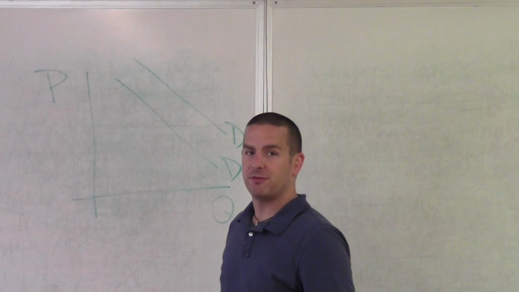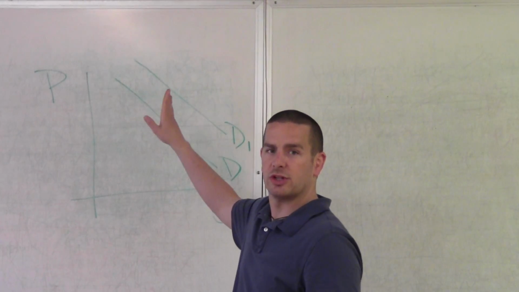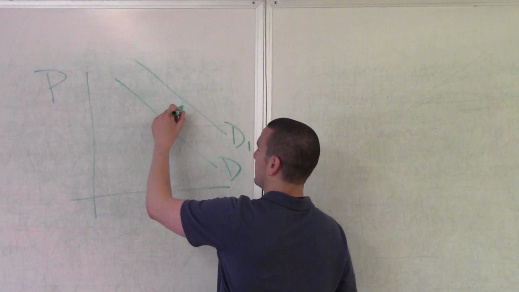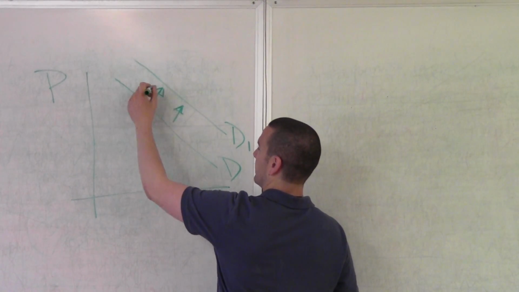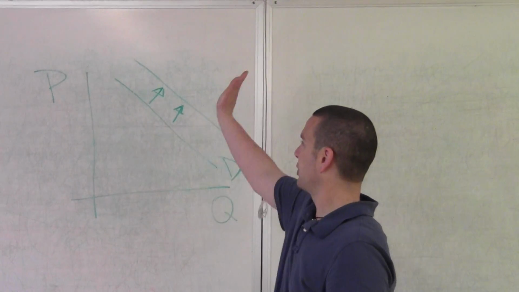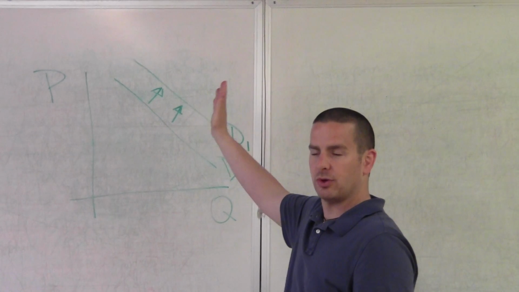An increased demand, as I mentioned before, shifts the curve to the right or to the northeast, right? It goes this way. Okay? So an increased demand shifts the curve outwards and to the right and up, to the northeast.